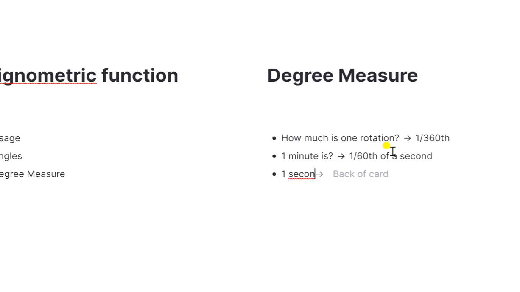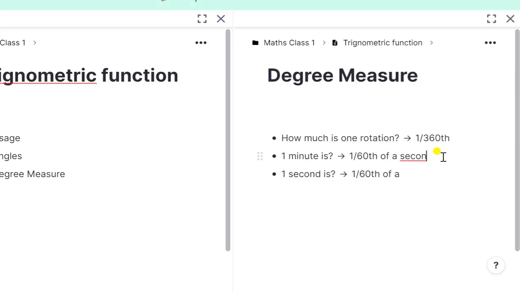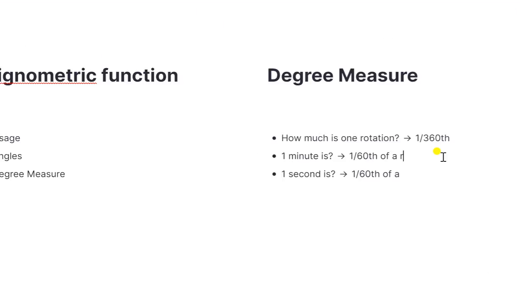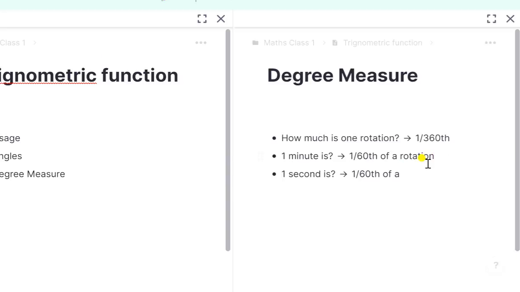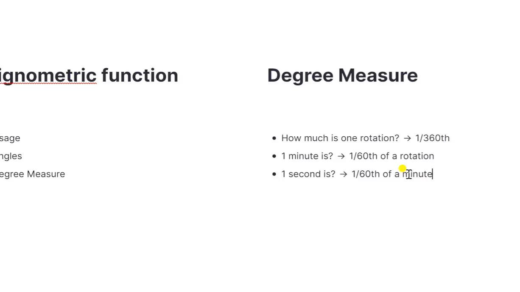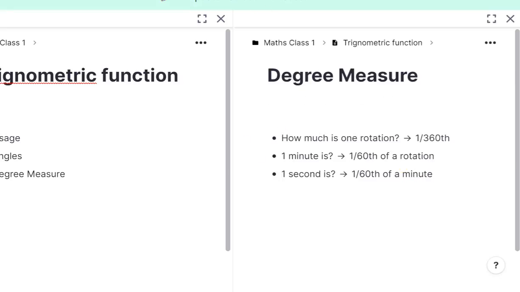It is 1/60th of a degree. And 1 second is 1/60th of a minute. Done. We are done, right?